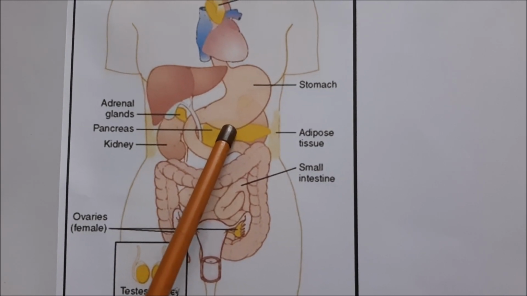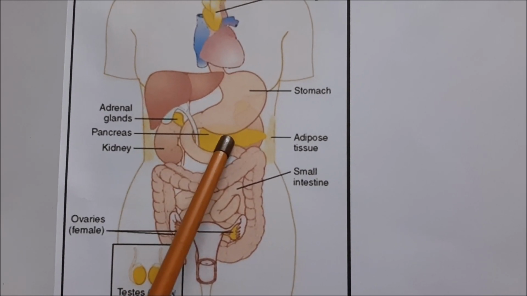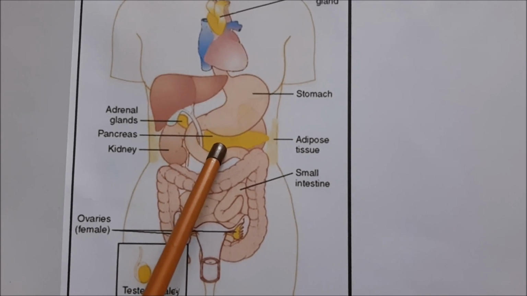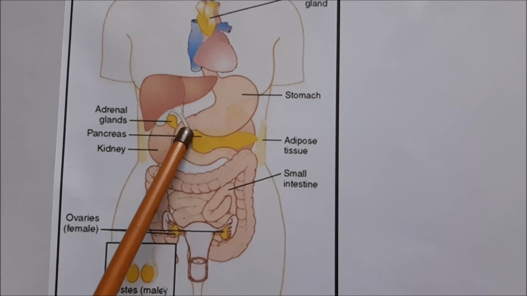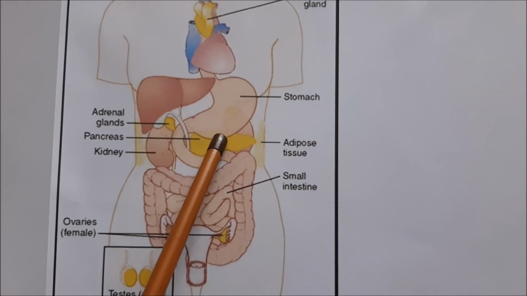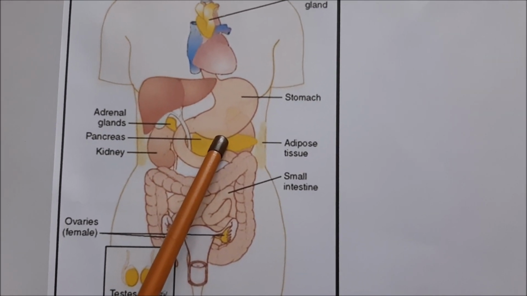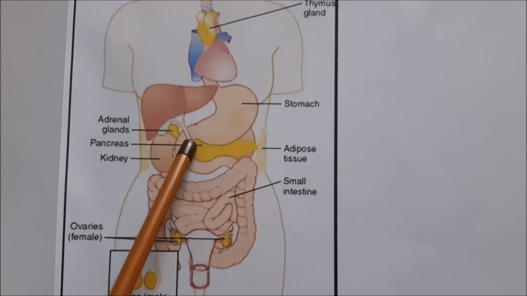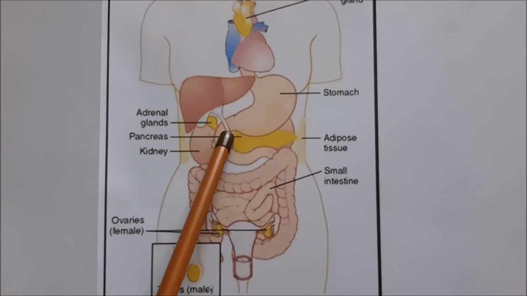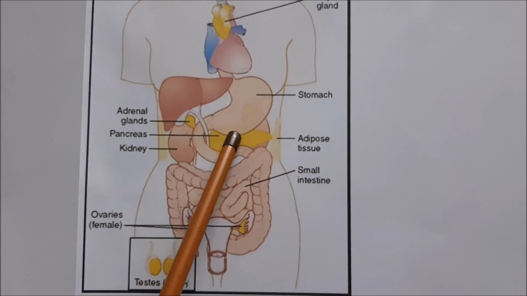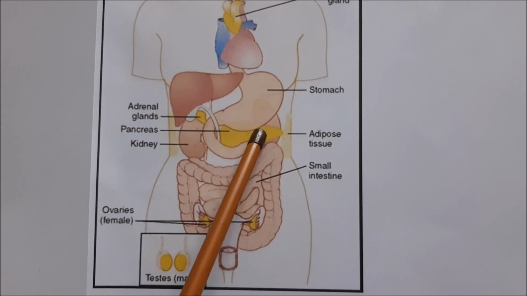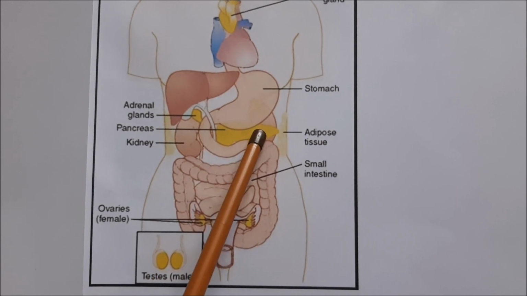Chemically, both are peptides. Glucose is controlled by insulin and glucagon. Glucagon maintains the blood glucose level by gluconeogenesis and glycogenolysis, and insulin increases the uptake of glucose by skeletal muscle and adipose tissue, and therefore maintains the blood glucose level.